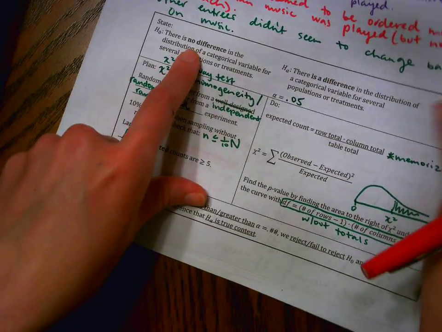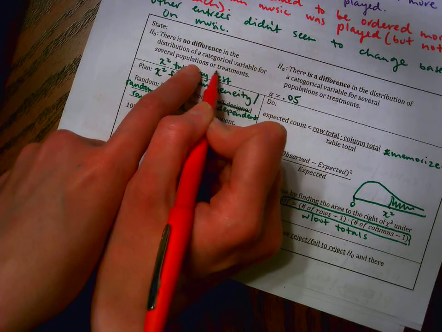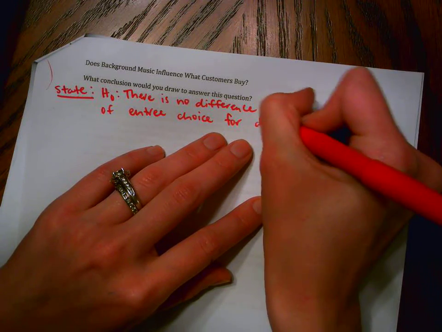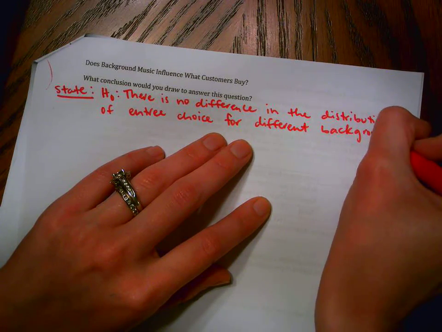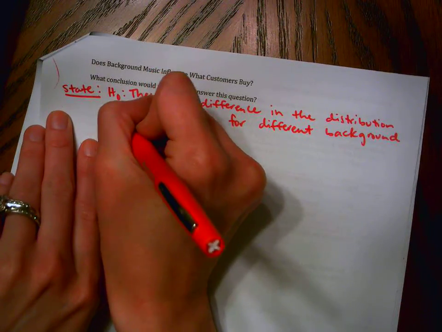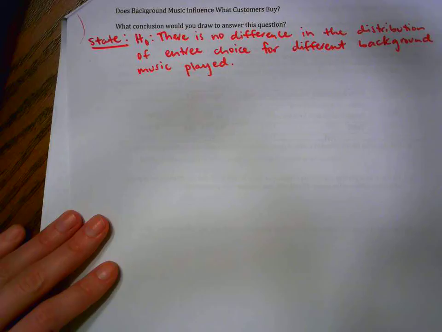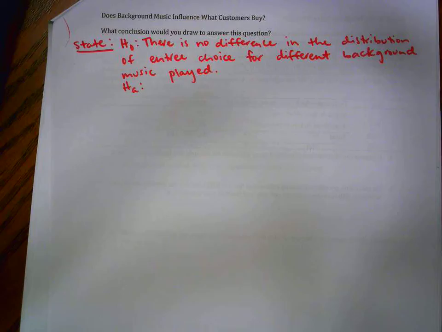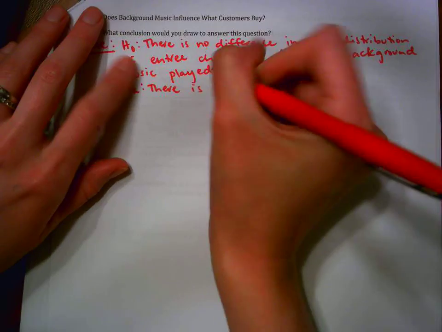So we said there's no difference in the entree chosen for, and then what was our different treatments was the music played. For different background music played. Okay, so then HA is always easy. Once you can form your H0, your HA is easy. It is just there is a difference, and then you repeat the same thing. Your null is always no difference.